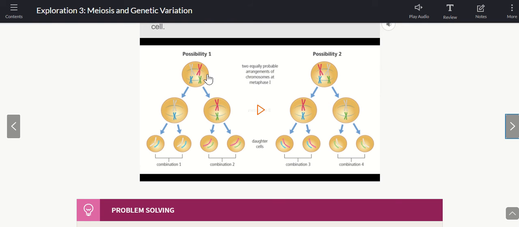Now, in this cell, we only are showing 2 pairs of chromosomes. If you remember, humans have 23 pairs of chromosomes. And so the likelihood that all 23 of those chromosomes would randomly separate the exact same way is extremely low.